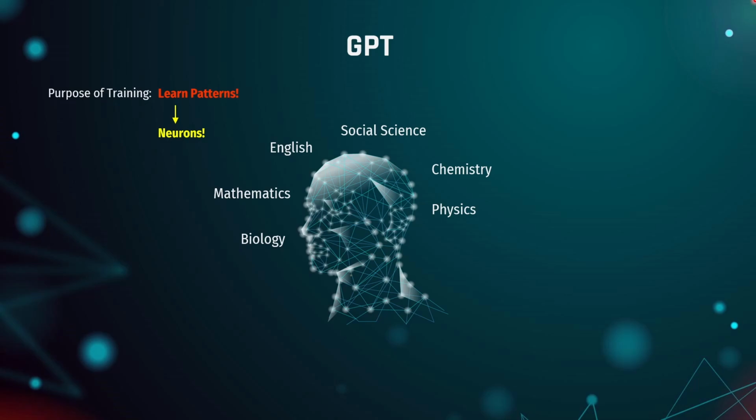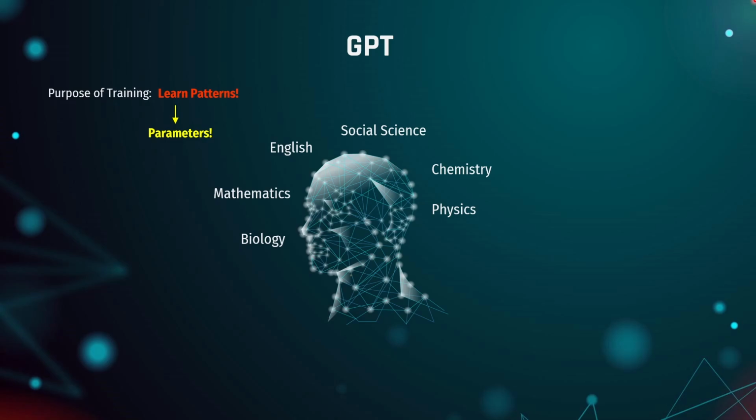So machine learning or deep learning models like GPT, to identify or recognize patterns in language, use what we call parameters. And when we were young, in our schools or colleges, we would study everything, right?